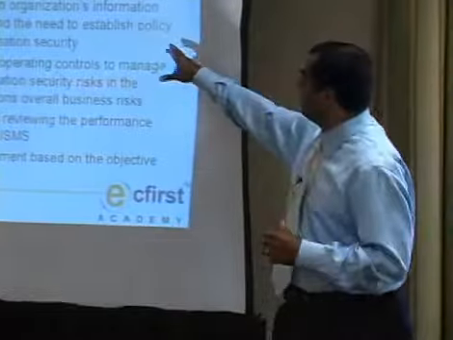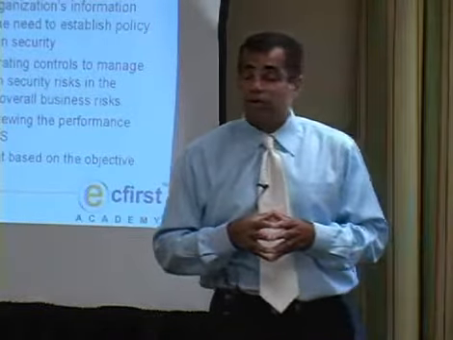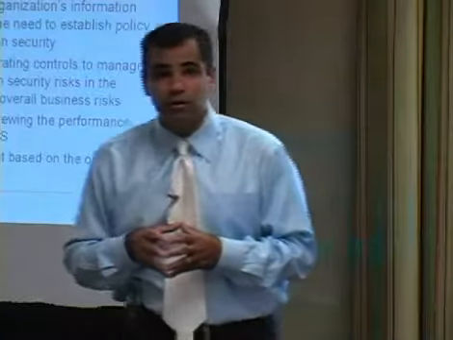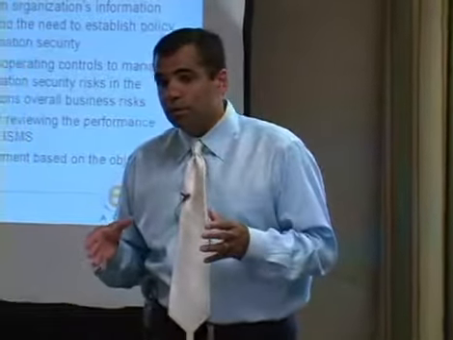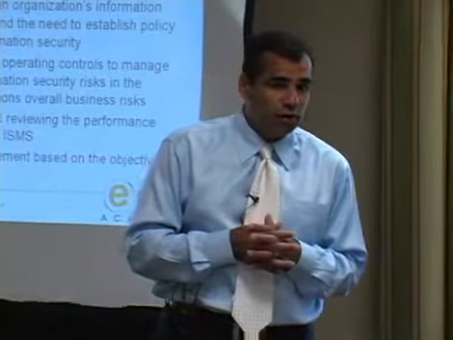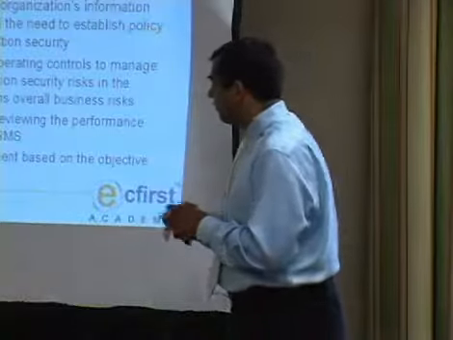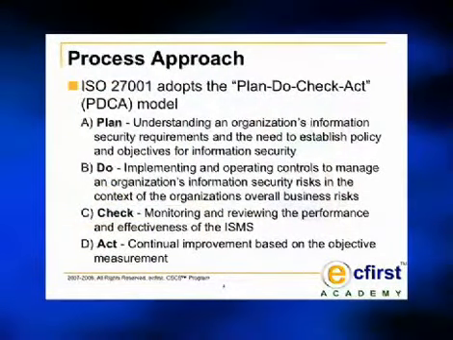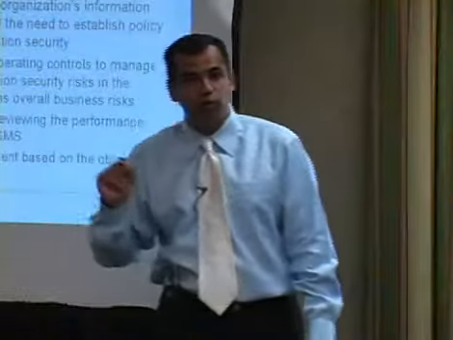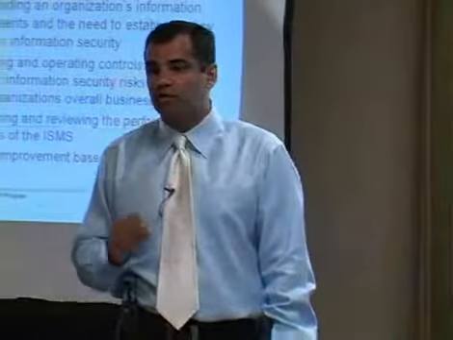And the need to establish policy and objectives for information security. It's an area that organizations struggle with. Defining policy seems like an easy thing to do, but it does take a lot of thought and effort to maintain and manage those policies inside your organization. To implement controls. When you see this word controls, if anyone talks to you with respect to security controls, that should trigger one word in your mind: countermeasures.